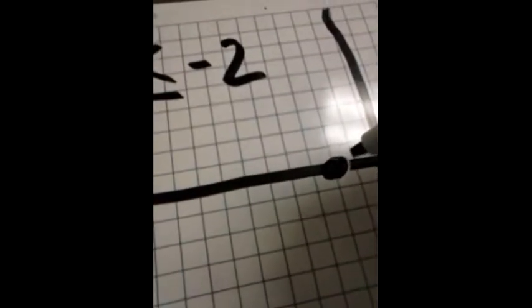So we come over here to negative 2, put our dot, and it doesn't matter which side on this it is, y could equal anything.